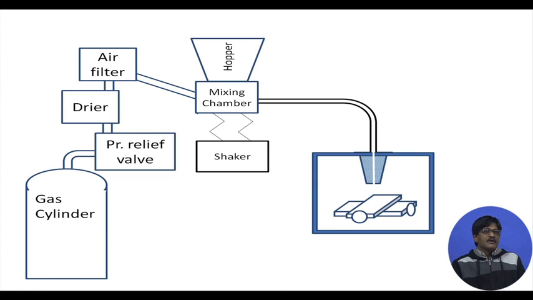First of all, there is a gas cylinder. From this gas cylinder, we are going to have a supply of gas at high pressure, and the pressure relief valve will ensure that you get whatever pressure you set the machine to.